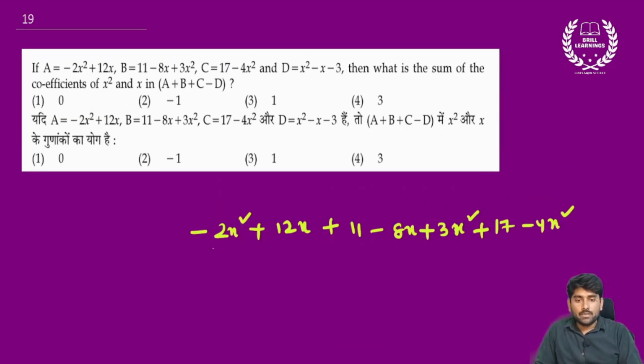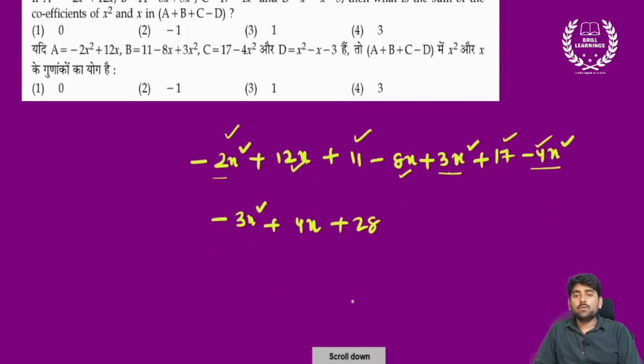Minus 2x square plus 3x square minus 4x square, these three, that means net minus 3x square. 12x minus 8x, that means 4x only, plus 4x, and 11 plus 17 is 28.